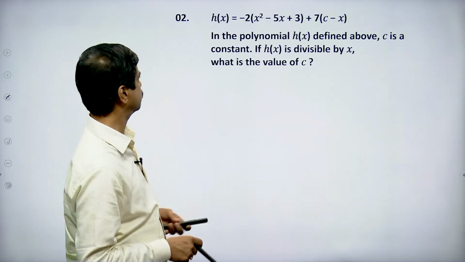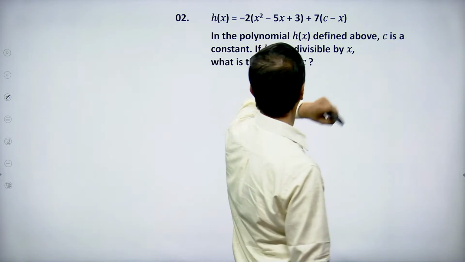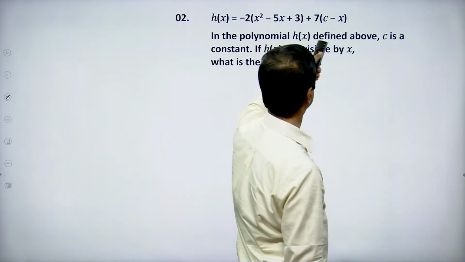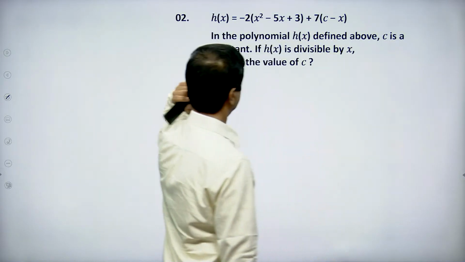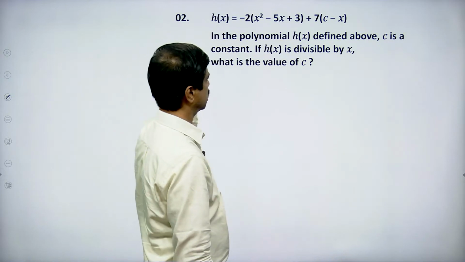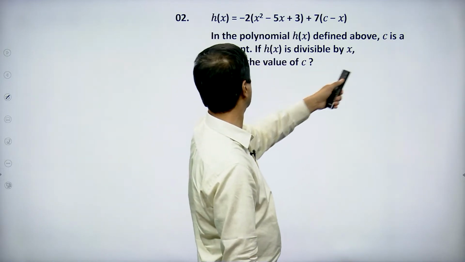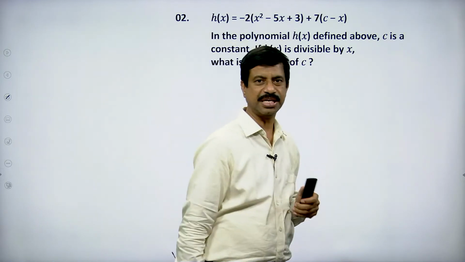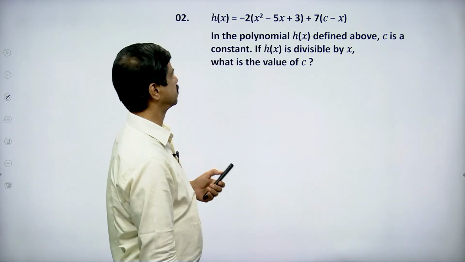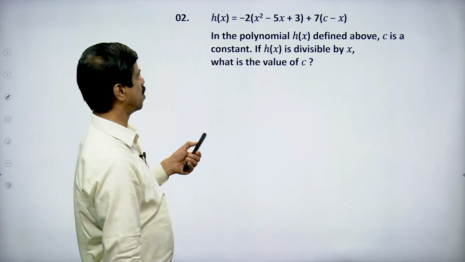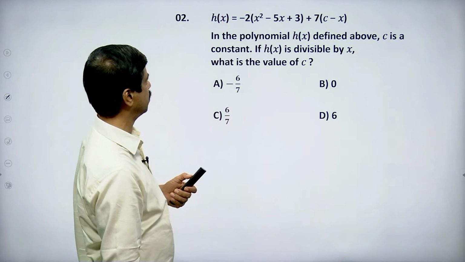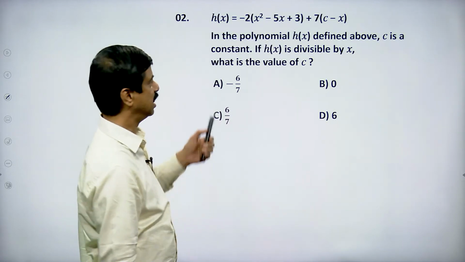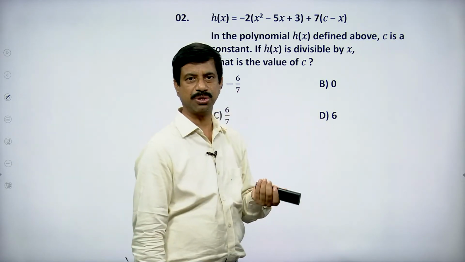So now the next question. h of x is this. If the polynomial h of x is defined above, c is a constant. If h of x is divisible by x, what is the value of c? So x means x equal to 0 is one of the values. Divisible means remainder is 0.